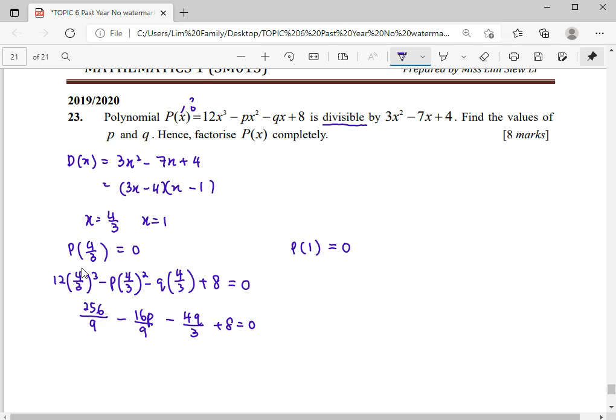So we will remove the denominator times with 9. So here we'll times 3. And we simplify this equation, we can divide by 4.